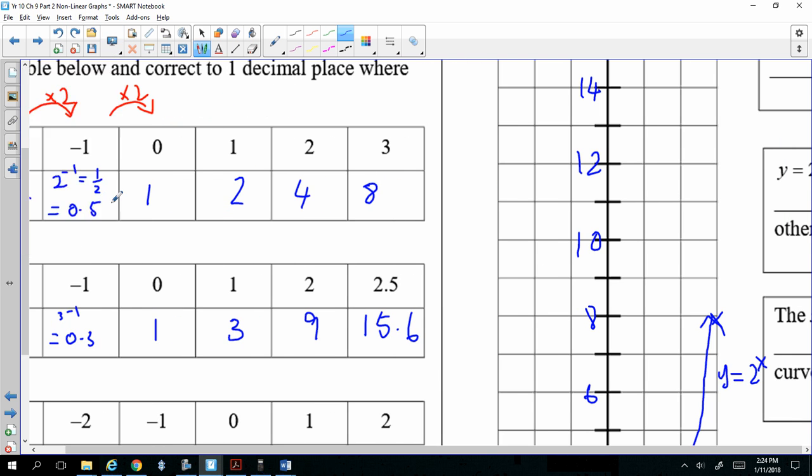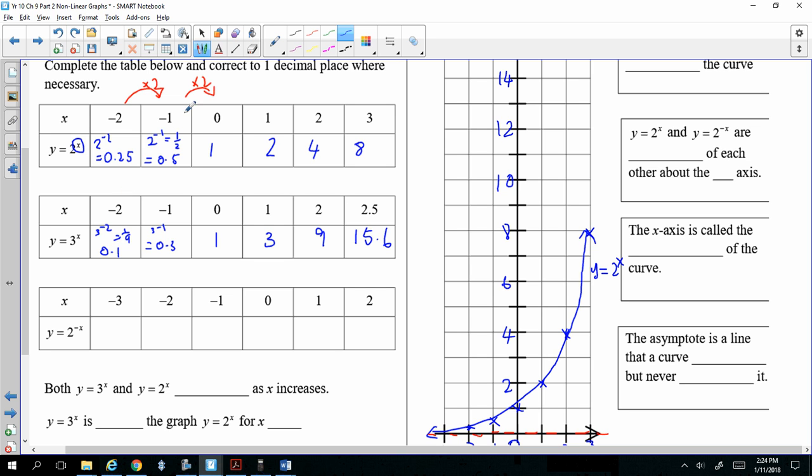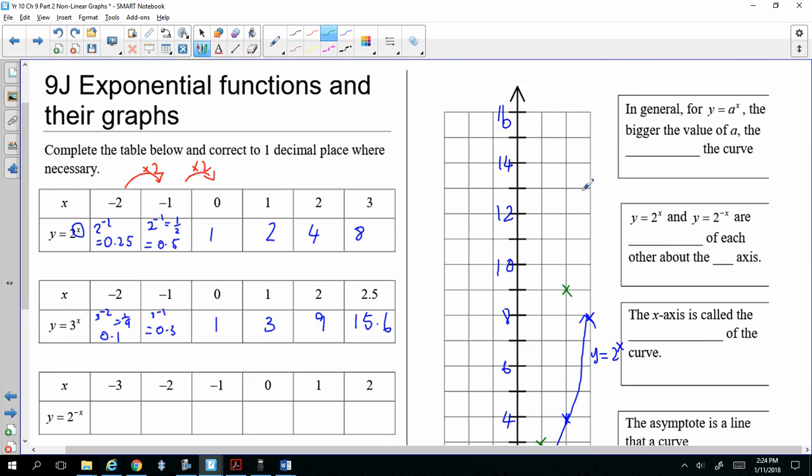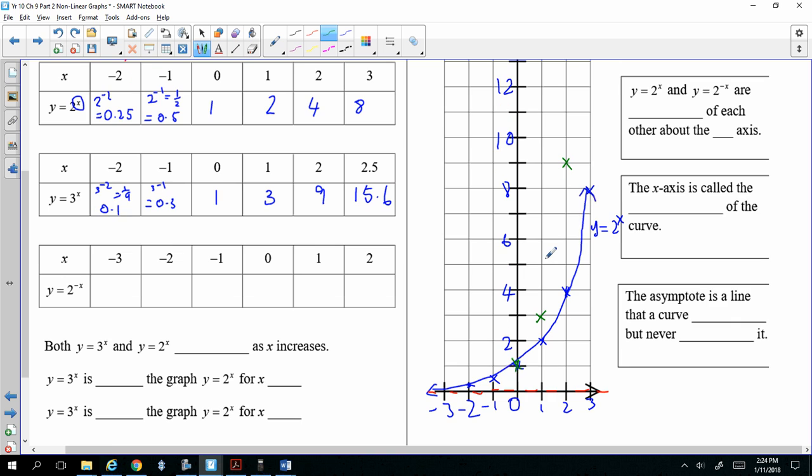This time I'm going to use a blue pen. So 0.1, 0 is 1, and then 1 is 3, and then 2 is 9, and then 2.5 is 15.6. We're going to join these dots together, and then the other one was 0.3 below, and then very small.